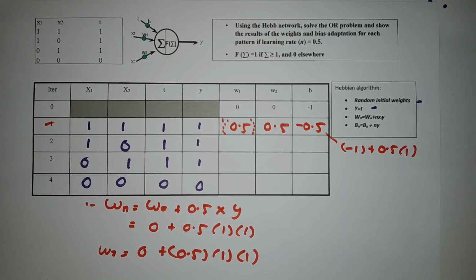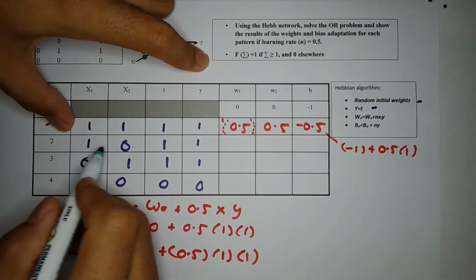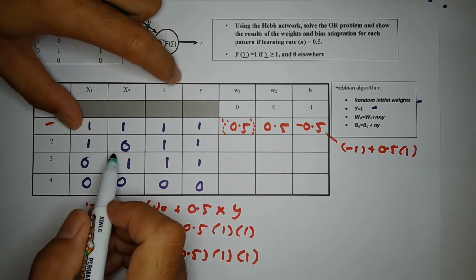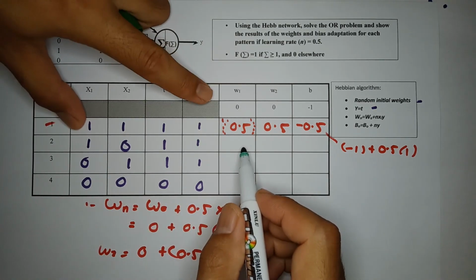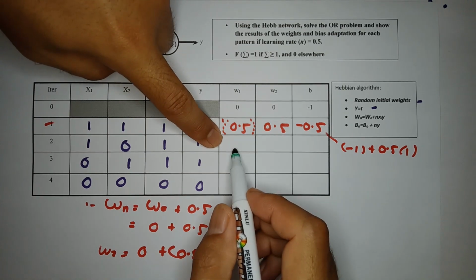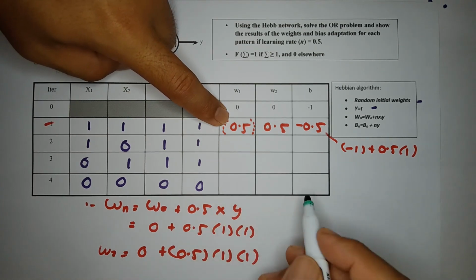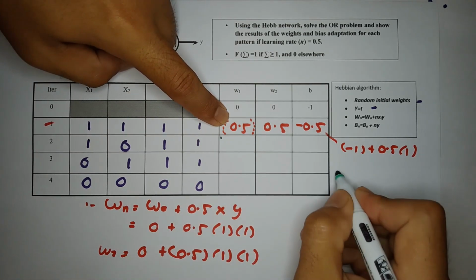Now let's move on to the next part of the training. We go to the second iteration. For the second iteration, we are in the second part. The same thing: w_new will be equal to the previous one. So I take this part.